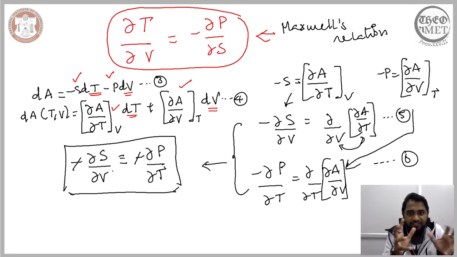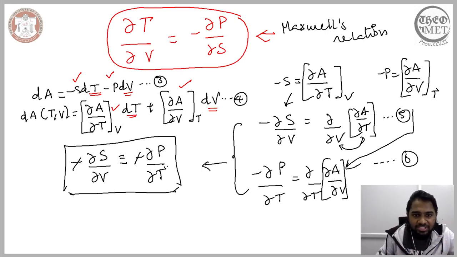Now let us see if there is any other function that we can work on in order to arrive at a similar expression. So if you could recollect another thermodynamic function wherein the fundamental variables are different from entropy, wherein the entropy is constant, like here is the Gibbs free energy.